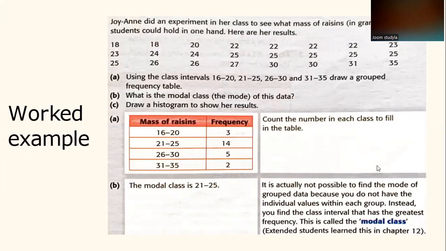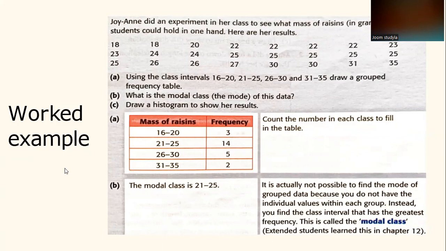Okay, let's look at the worked example. Joanne did an experiment in her class to see what mass of rice in grams the student could hold in one hand. Here are her results: 18, 23, 25, 18, 24, 26, 22, 25, 27, 22, 25, 30, 22, 25, 30, 22, 25, 31, 23, 25, 35.